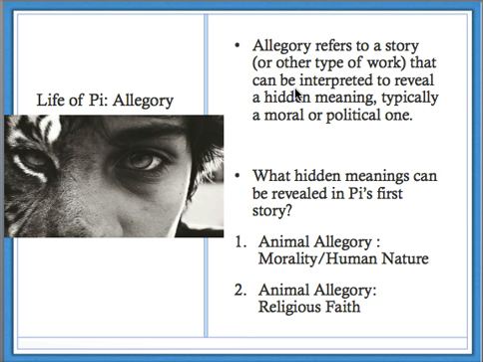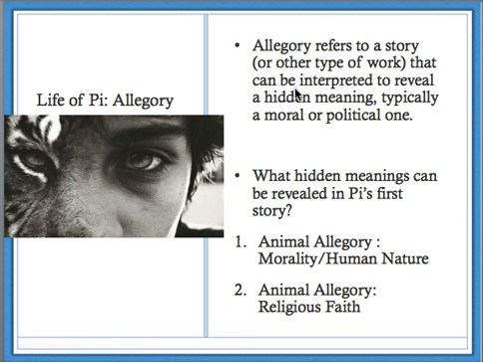So there are certain things that suggest that Pi's story is all about taking a leap of faith, and he asks us as readers to follow his story, believe his story, and take that leap of faith to say that this story is a meaningful, a better story, essentially, than his horrible story about human brutality.